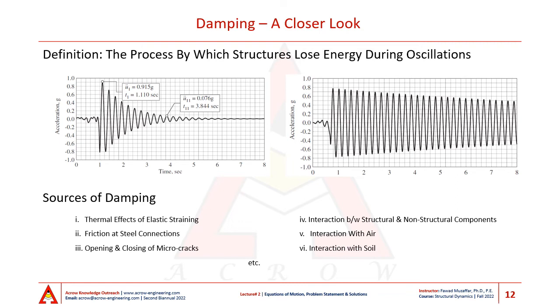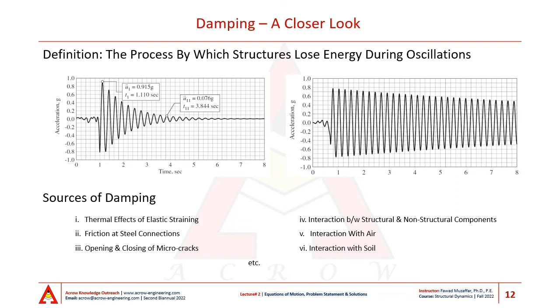Now, we know that this is never the case, because whenever a system is disturbed from its equilibrium position and left to vibrate, it will oscillate about its equilibrium position a number of times, and it will eventually come to rest. And this is because there is a finite amount of wastage of energy every time any structural element or any system oscillates due to dynamic loading.